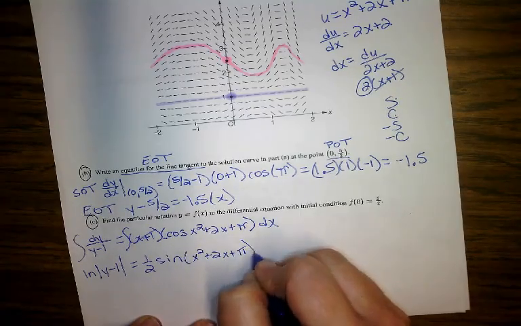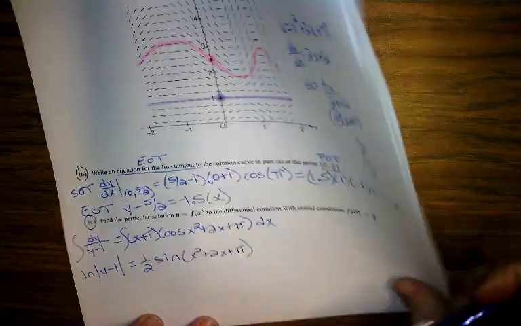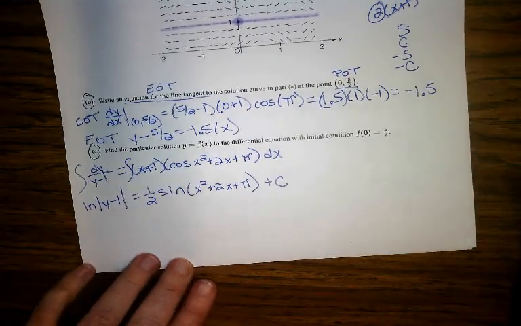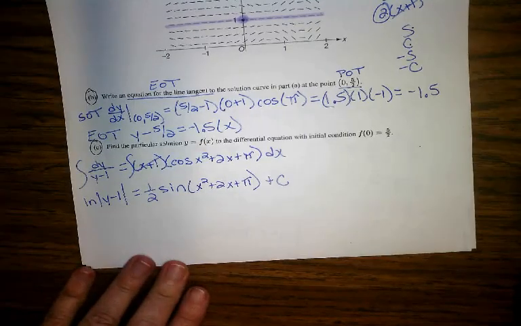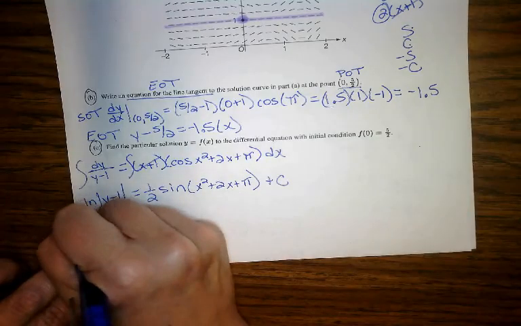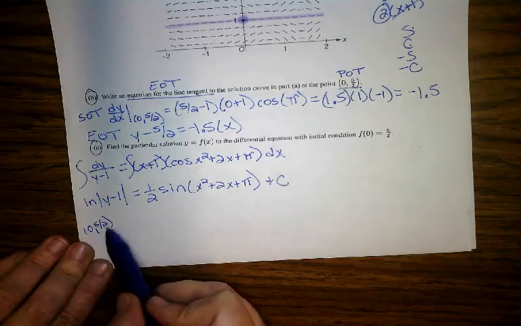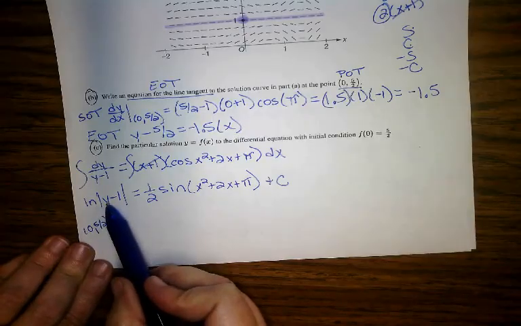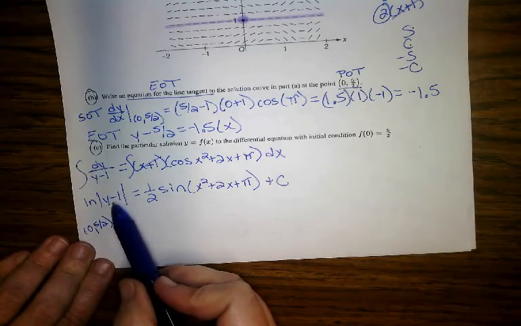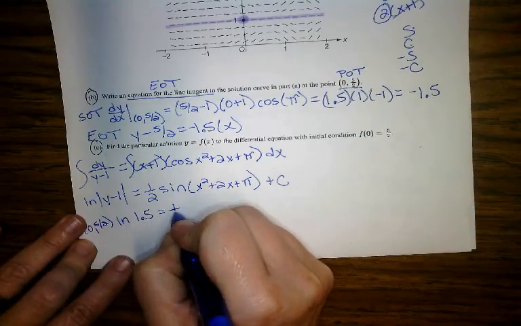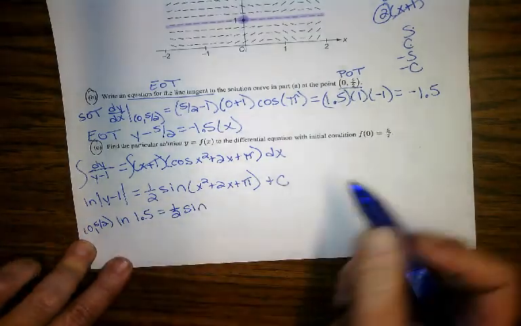Okay, now we're going to solve for c by plugging in that. So when I plug in 5/2, so 2.5 minus 1 is like 1.5. So ln of 1.5. 1/2 sine of 0 plus 0 plus pi. So sine of pi, the y value over there is just 0.